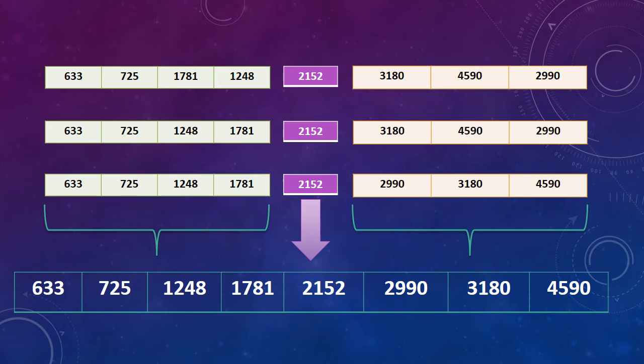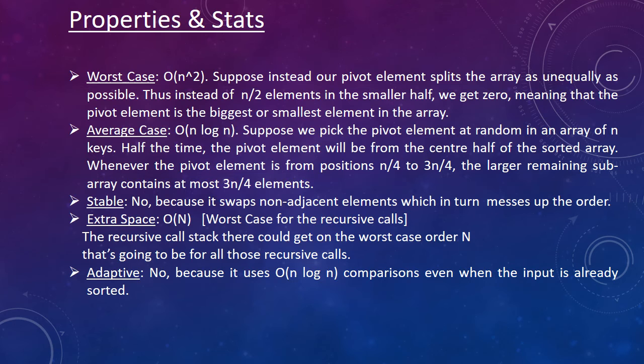That part is again sorted and brought down here, and the 2152 part in the middle comes down as it is. So here is the sorted array: 633, 725, 1248, 1781, 2152, 2990, 3180 and 4590. Through the quicksort algorithm, this is the sorted array we got.